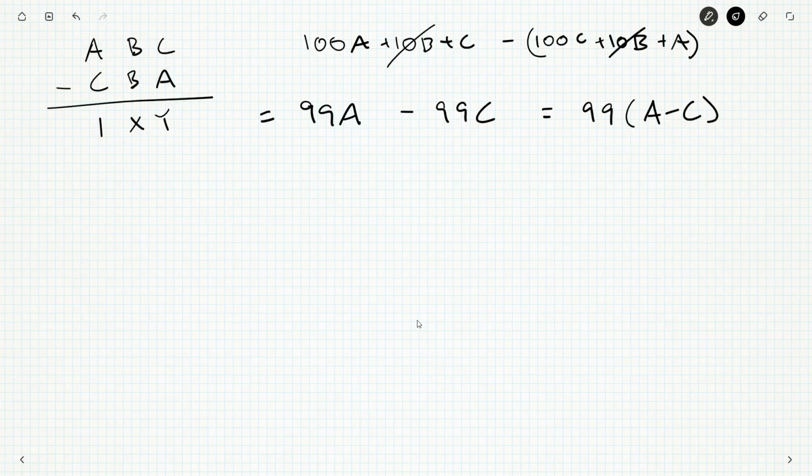And so it's a multiple of 99, we just need to know what A and C are. But, and here's the crucial thing, 1xy is between 100 and 199, and it must be a multiple of 99.